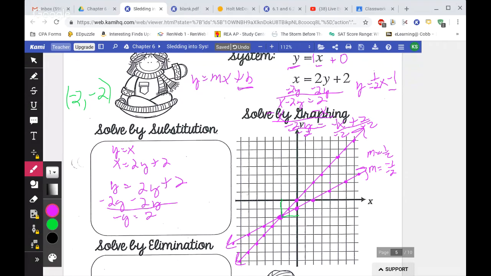Oh, I didn't. Praise God. Divide that by negative 1. And then y equals negative 2. And now, if I plug in negative 2 in for y, negative 2 equals x.